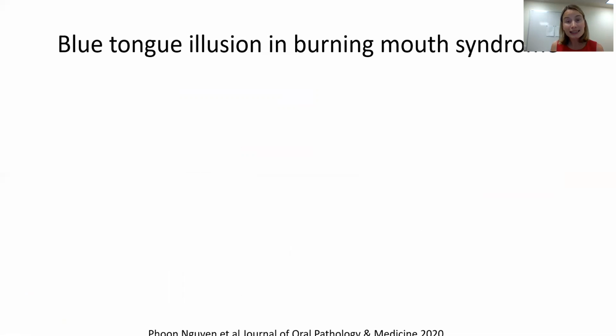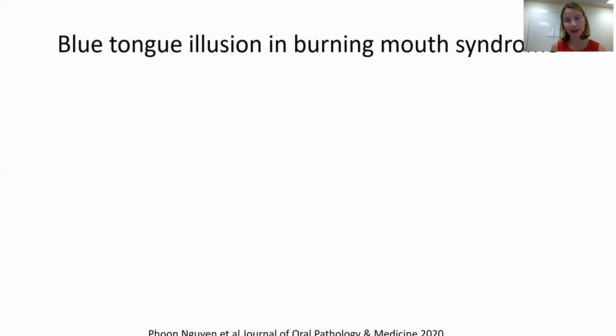The basis for this comes from some experimental studies, which found that if you touch someone on the skin with a really cold probe that hurts, it actually hurts less if you shine a blue light than if you shine a red light. And we were interested in testing this idea of the influence of blue.